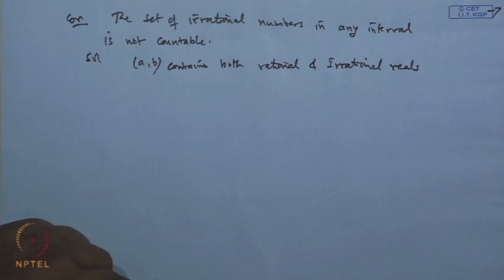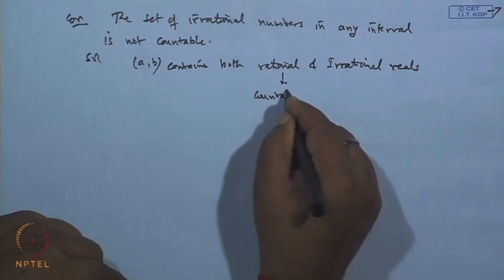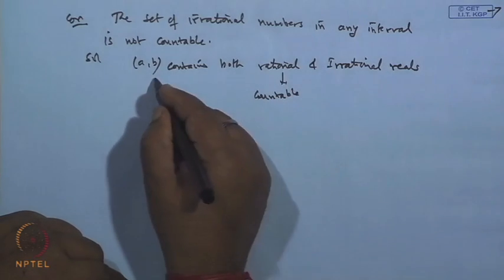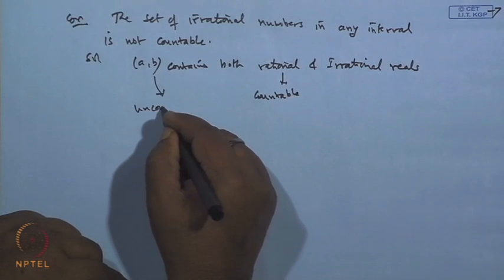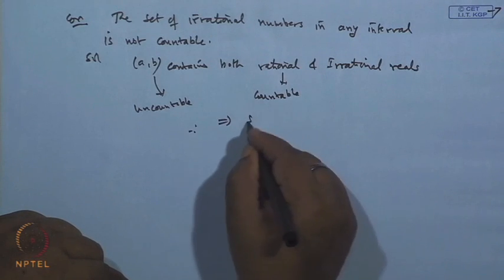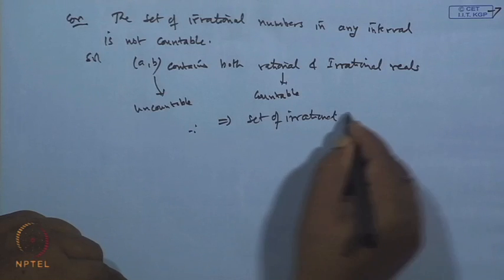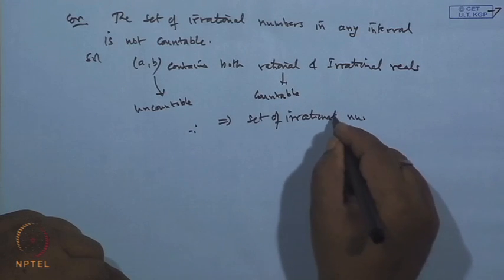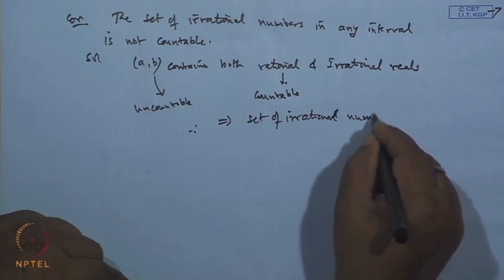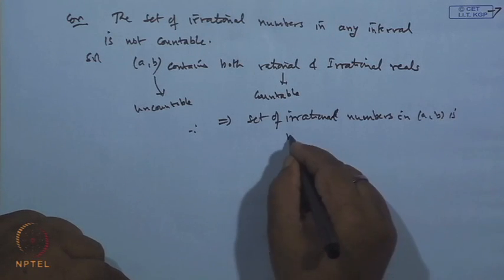Rationals are countable, as we have seen, while the reals are uncountable. Therefore, this implies that the set of all irrational numbers in the interval a b is not countable.